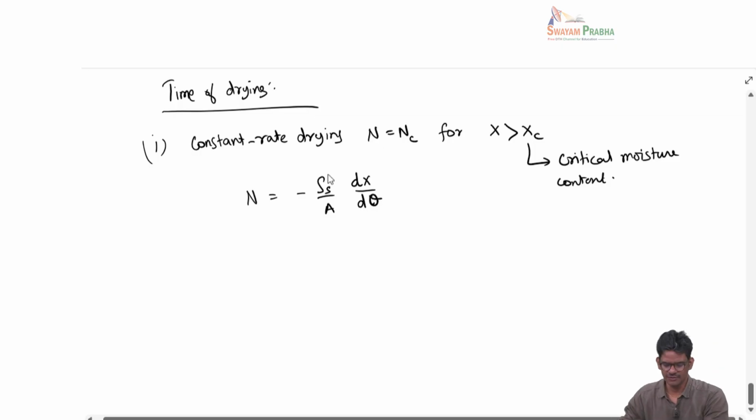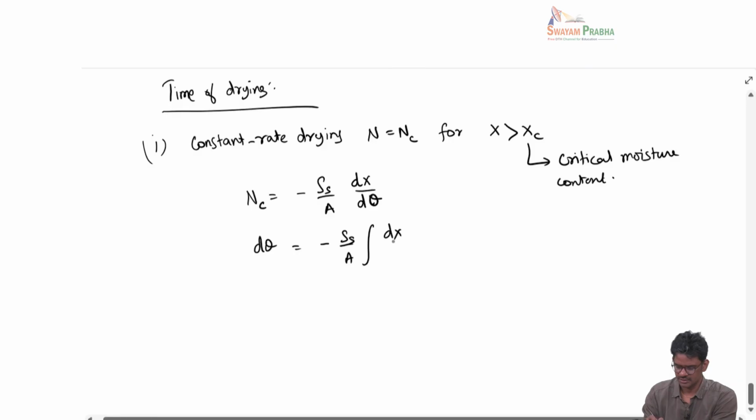I am writing it now in differential form instead of delta, and here N is equal to Nc, because it is a constant rate of drying. So from here I can rewrite this equation: d theta is equal to minus Ss by A Nc dX.